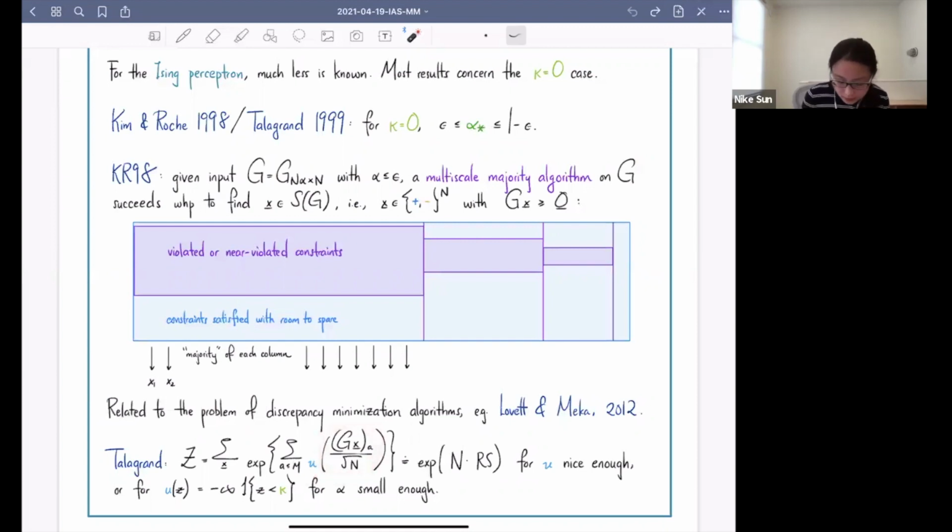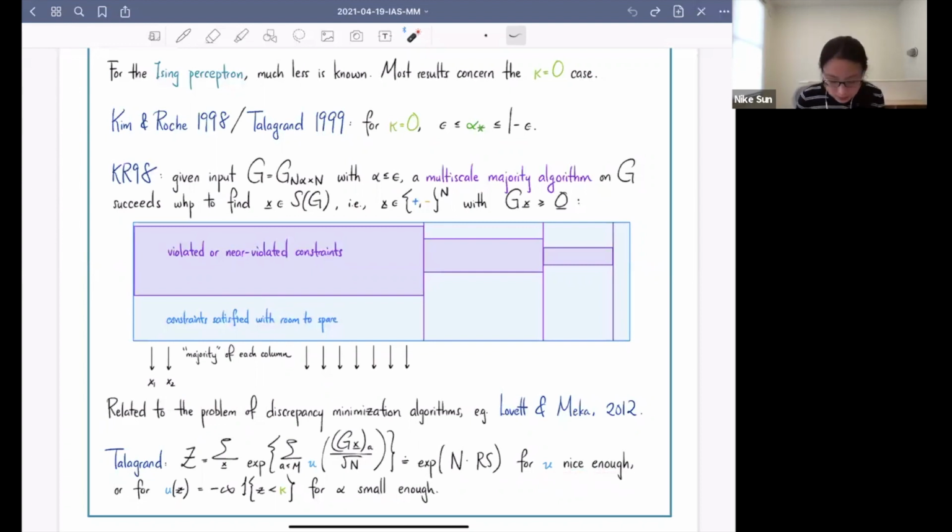Talagrand considered this general model, and he shows that it also converges to the replica symmetric value in a few settings. Either u has to be nice enough, where nice enough means that u and maybe a couple of its derivatives, u prime and u double prime, all have to be bounded by something small enough. So that's one setting where this result holds.